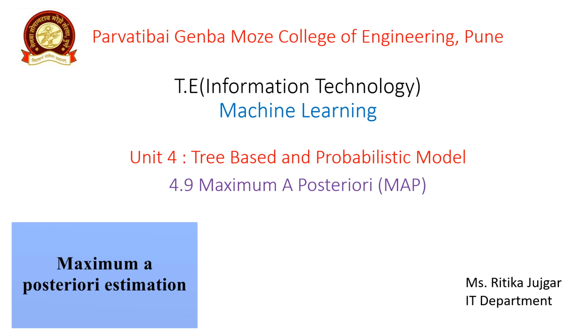Density estimation contains two techniques: the first is maximum likelihood estimation and the second is maximum a posteriori. We already covered maximum likelihood estimation, so in this video we discuss maximum a posteriori, that is MAP.